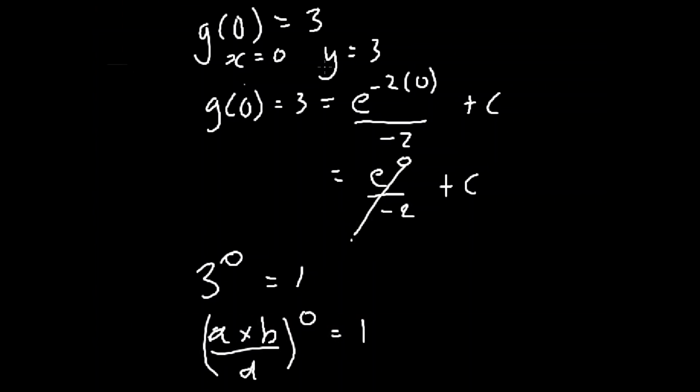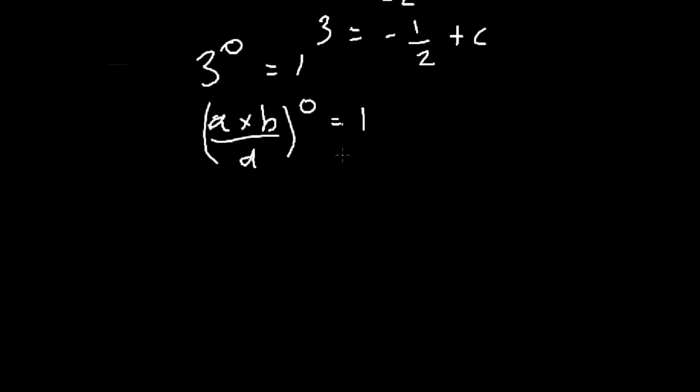So all of this, or just specifically that part there, is equal to 1. So we can say 3 is equal to negative 1/2 plus c. I'm going to redraw this down the bottom so we've got more space. 3 is equal to negative 1/2 plus c.